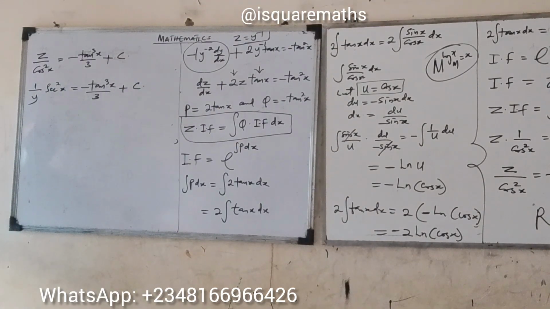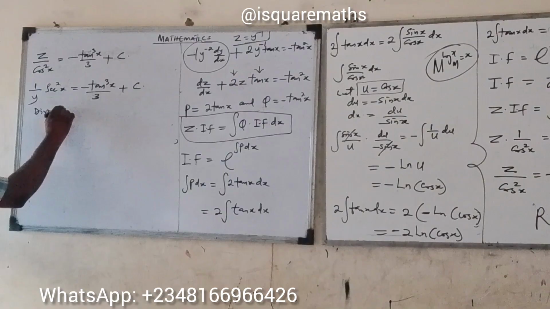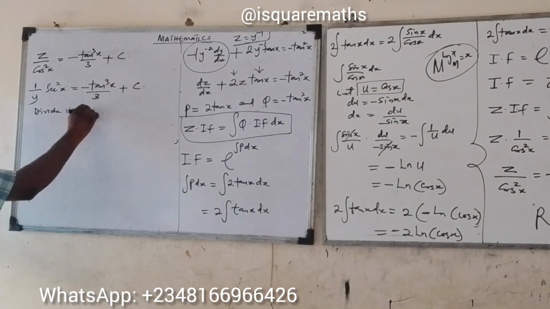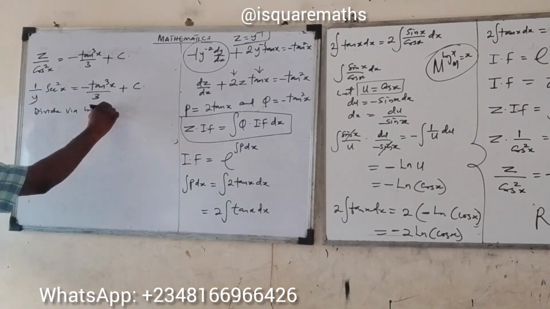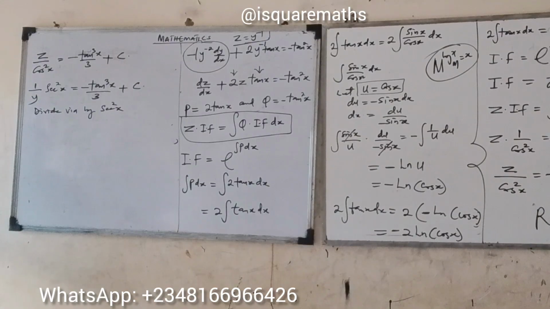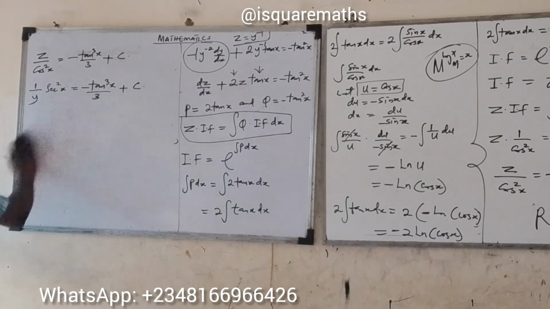Yes, plus c. So at this point, we can divide through by sec squared x. Or we can multiply through by y.